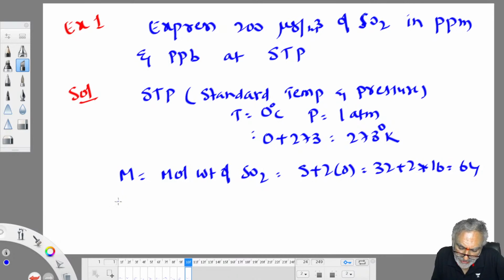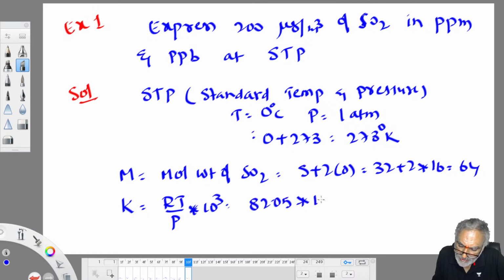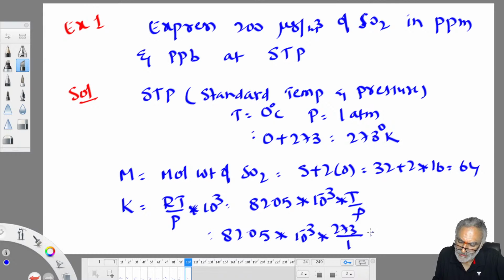Then what else you need to work out? K value. K value is RT by P, R into 10 cube, or otherwise 82.05 into 10 power minus 3 into T by P. So R value is not given anyway. So I'll work out this value at standard temperature and pressure, which is equal to 82.05 into 10 power minus 3 into 273.